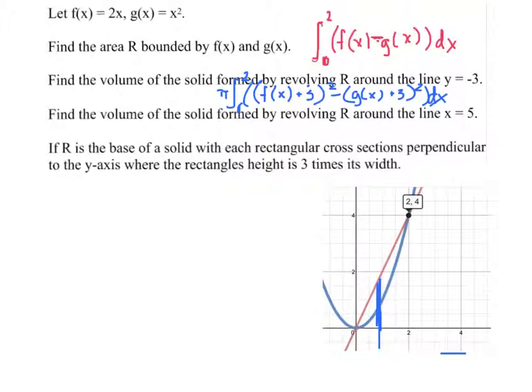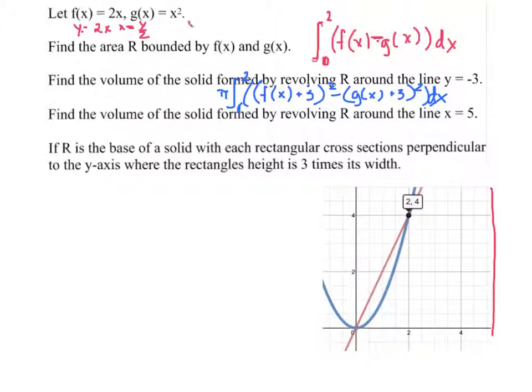Okay, next, rotating around x equals 5, so that's over here. Rotating around a vertical line, we're going to need to rewrite our equations. So instead of y equals 2x, we're going to need to have x equals y over 2.